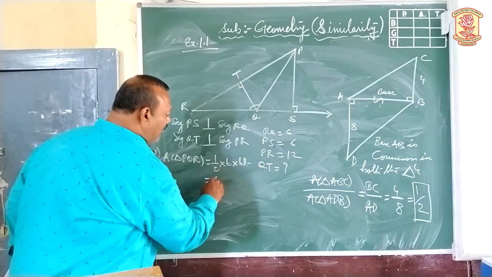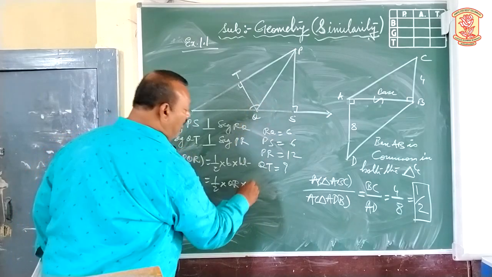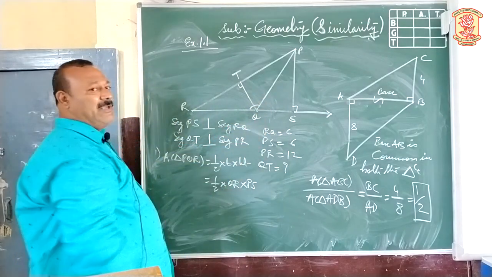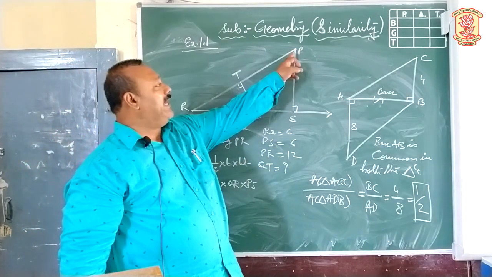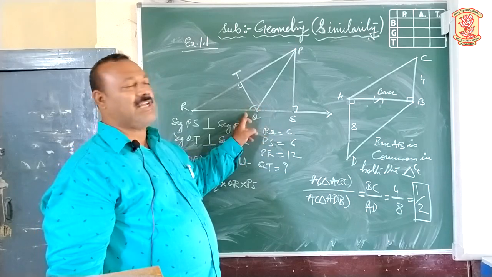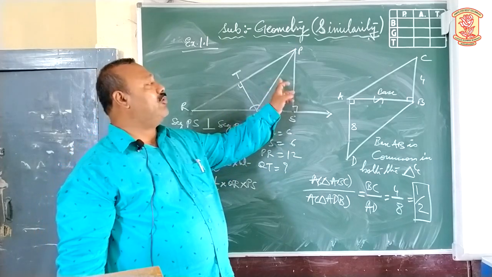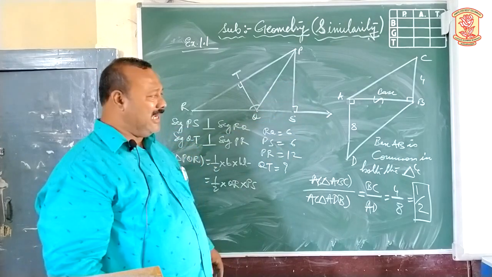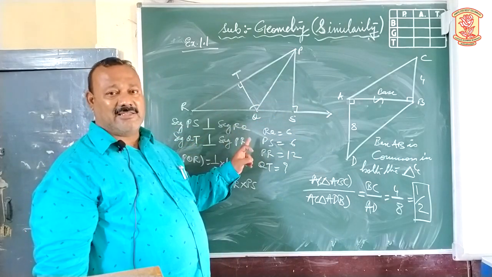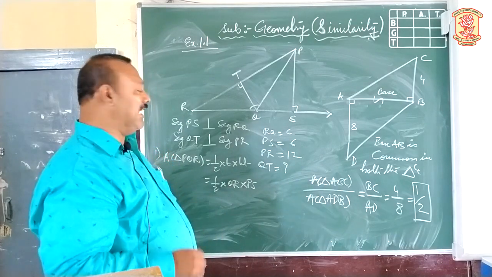Which is the base? QR. Which is the altitude? PS. Why is the altitude PS? Altitude PS lies outside the triangle because it is an obtuse angle triangle. Therefore, whenever an obtuse angle triangle is there, its altitude always lies outside the triangle. And when an acute angle triangle is there, its altitude always lies inside the triangle.